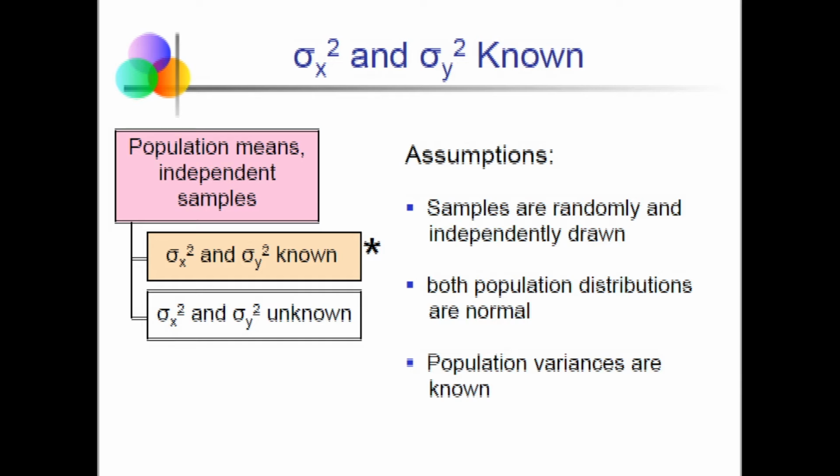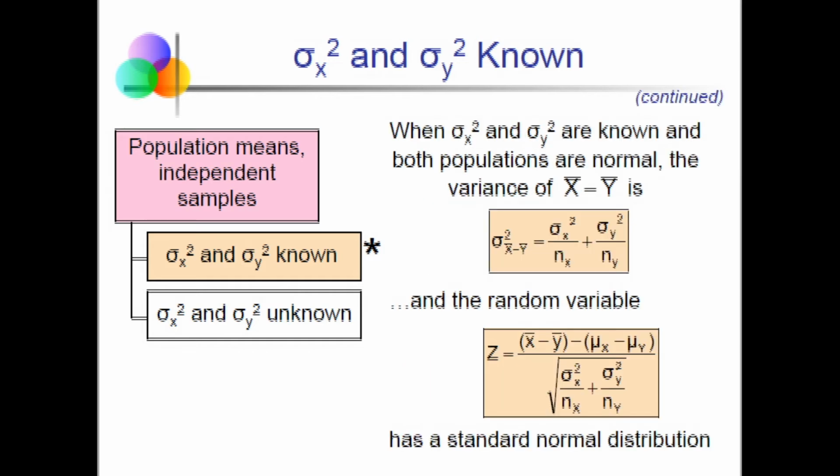Then the variance of the difference of the two sample means, x bar minus y bar, is given by this formula, and the z value is found by this formula. So that's how we find the z value.